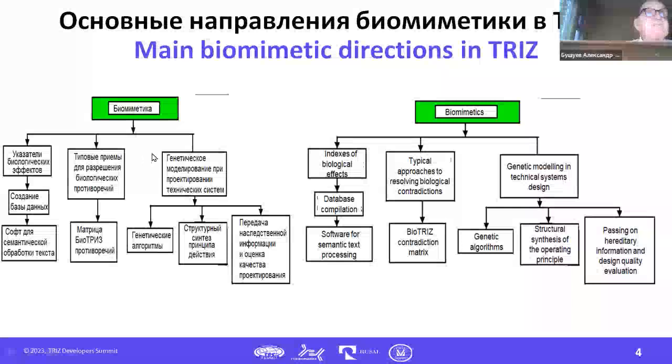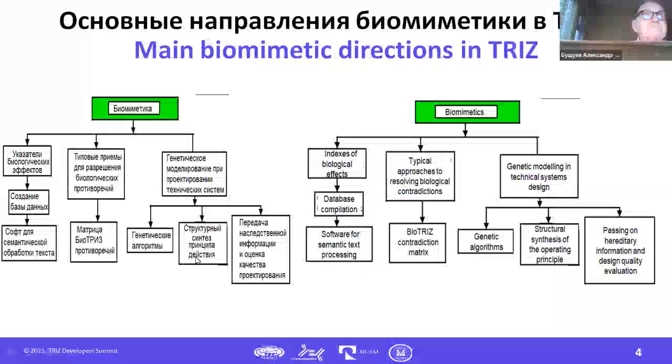So the third area which we are focusing on is called genetic modeling in technical systems design. Biomimetics is not just solving inventive problems, but it also addresses design of technical systems. So again, we see some overlappings in different areas, genetic modeling and productive areas as well as genetic algorithm.